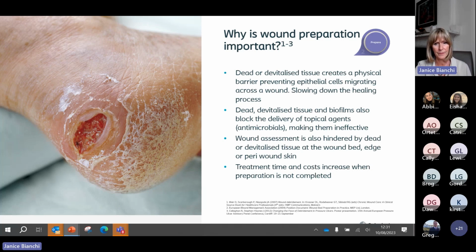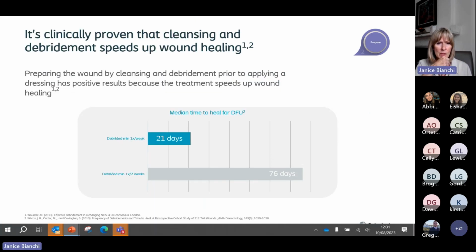the peri-wound skin. And this was a study which was done looking at diabetic feet, and it was quite a simple study, but they looked at two groups of patients, and in one group, debridement was carried out once a week. And in the second group, debridement was carried out once a fortnight. And they looked at the median healing time for these patients with diabetic foot ulcers.